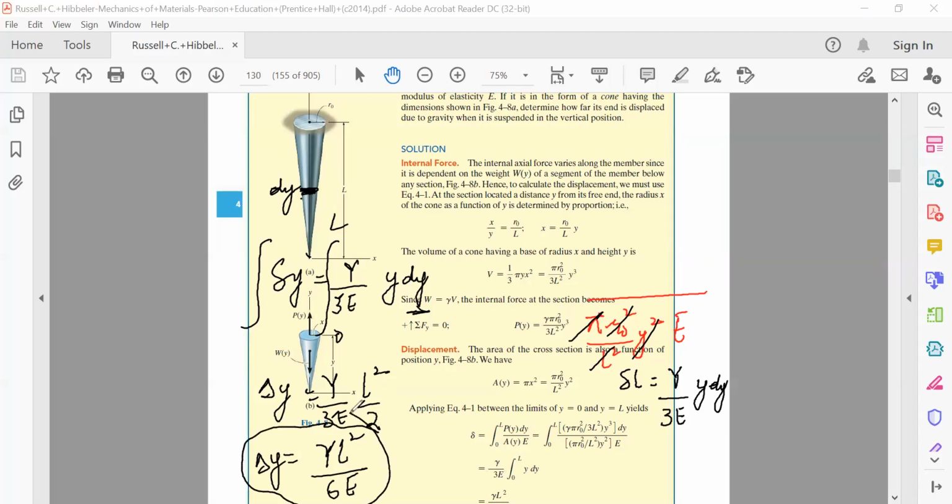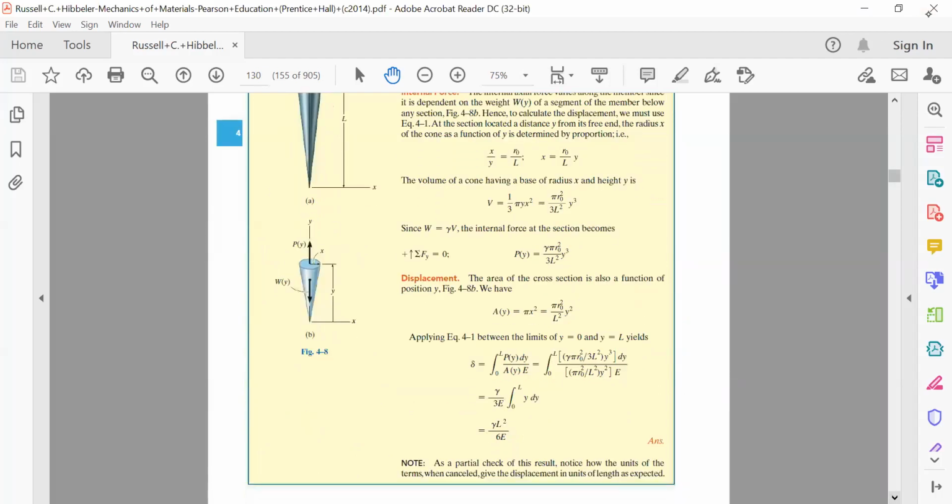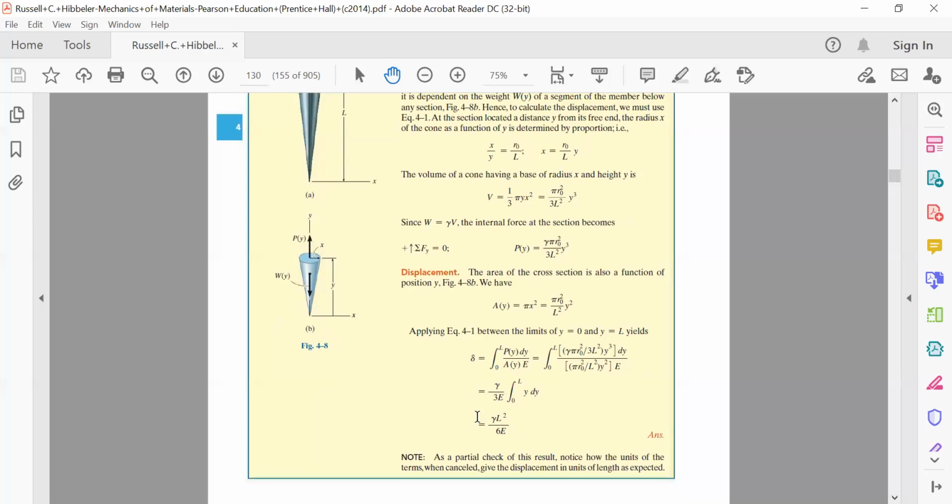Therefore, under the influence of its weight, the change in length in the tapered cone will be delta y equal to gamma L square by 6 times E, as is being given here. This is how this is to be solved. Gamma L square by 6E is the total change in length.